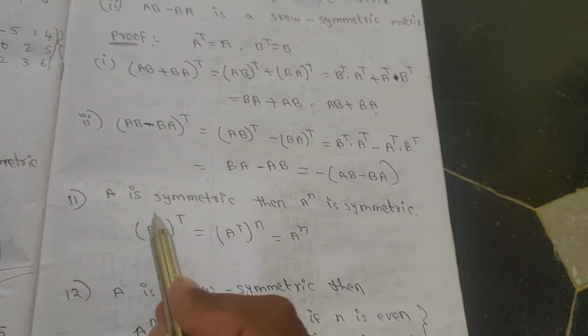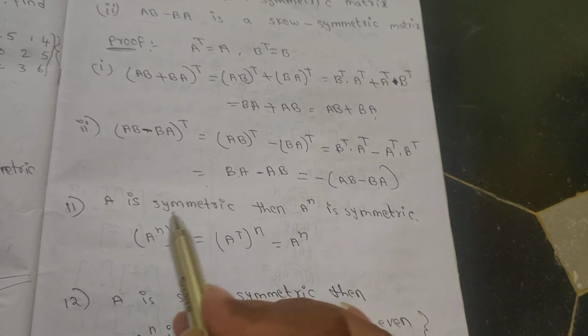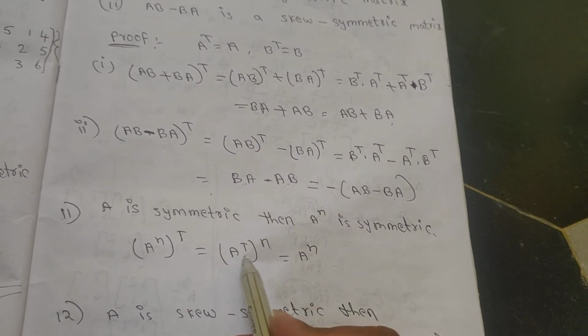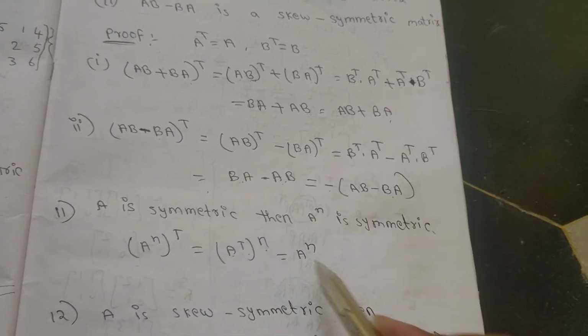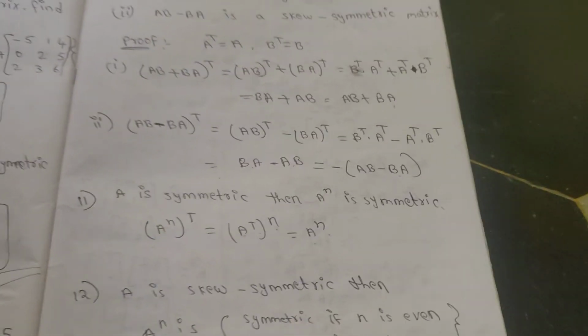Next, the 11th property: if A is symmetric, then Aⁿ is symmetric. Just remember, always (Aⁿ)ᵀ is equal to (Aᵀ)ⁿ, and that is equal to Aⁿ.